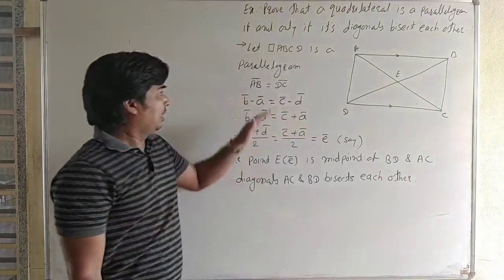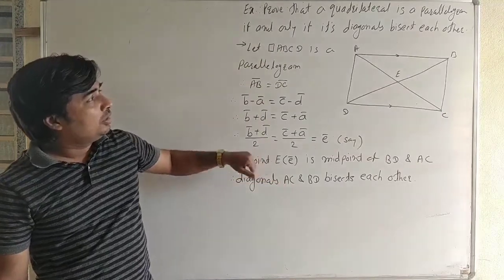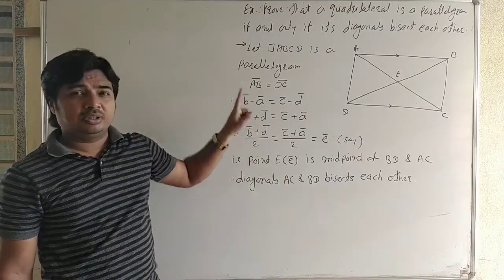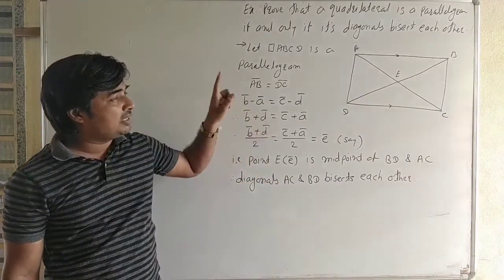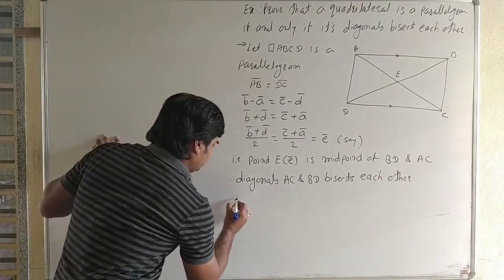Okay, so this is one proof: if a quadrilateral is a parallelogram, then the diagonals bisect each other. We consider now the converse: if in a quadrilateral the diagonals bisect each other, then it is a parallelogram.